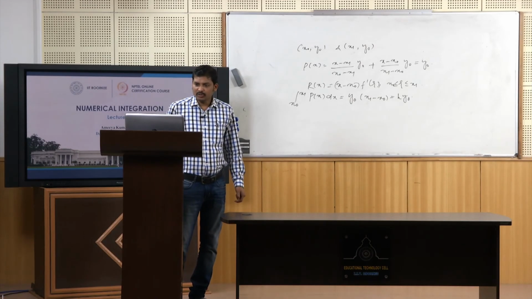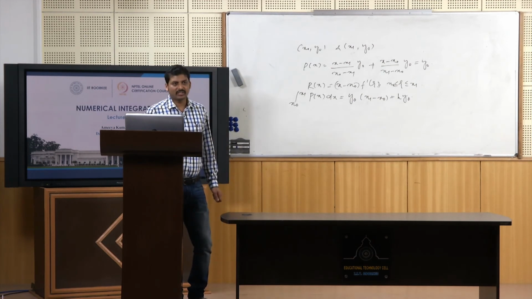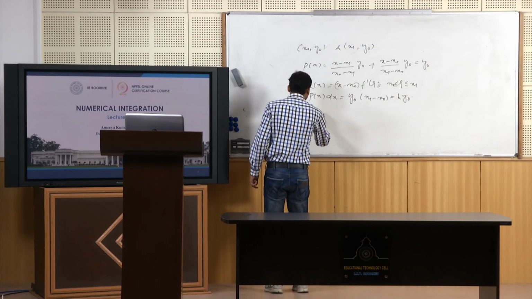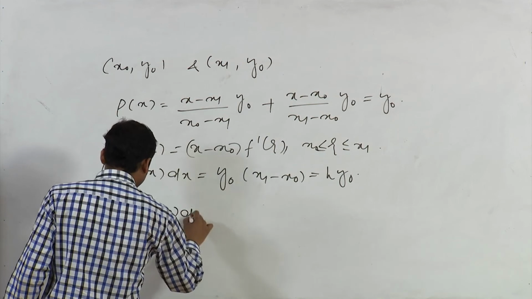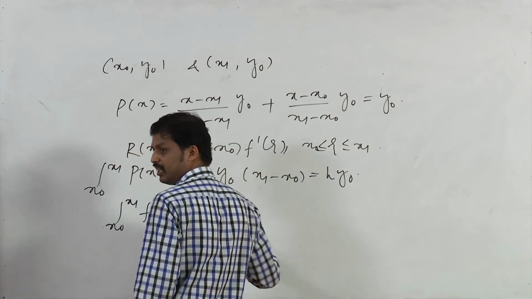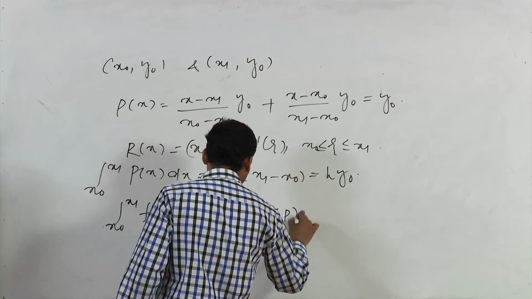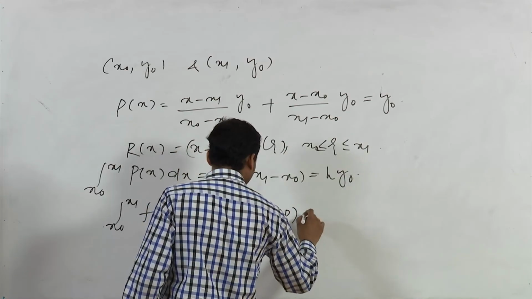So based on Newton's forward formula, if we go for this calculation, we have the function f of x in x0 to x1 in terms of Newton's forward interpolating polynomial. We can write the integral from x0 to x1 of f of x dx, or in the form of x0 to x1 of p of phi into dx.